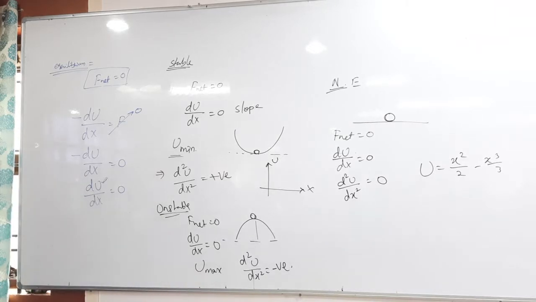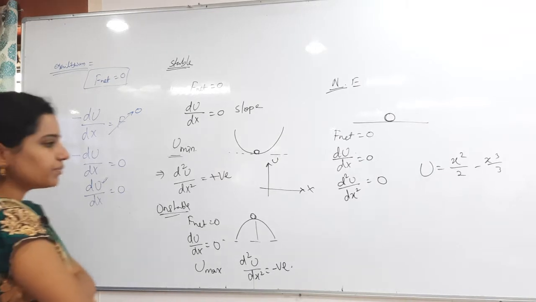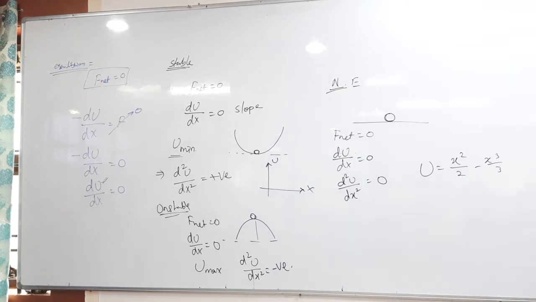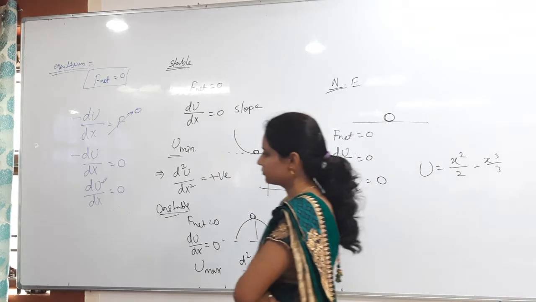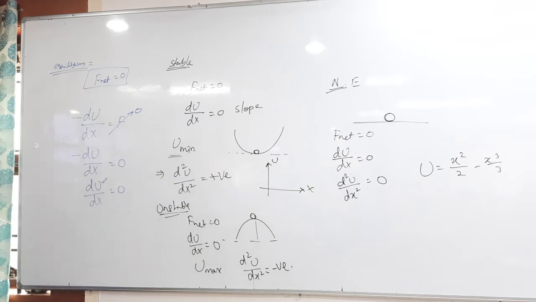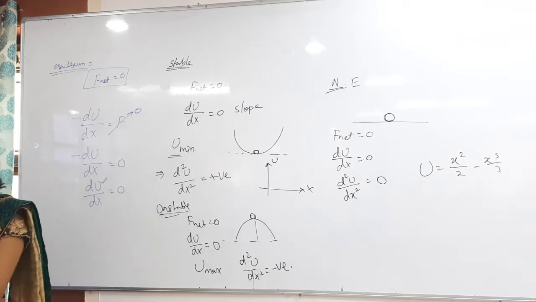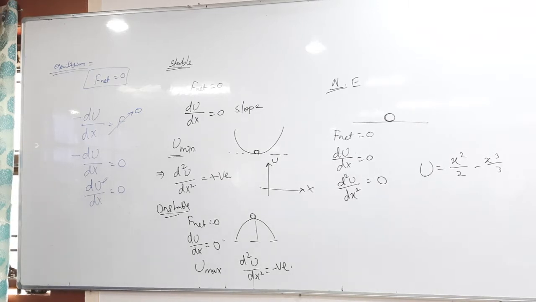Stable equilibrium: if we displace the particle from the equilibrium position, it will come back to the same position by the net retarding force. Copy that.